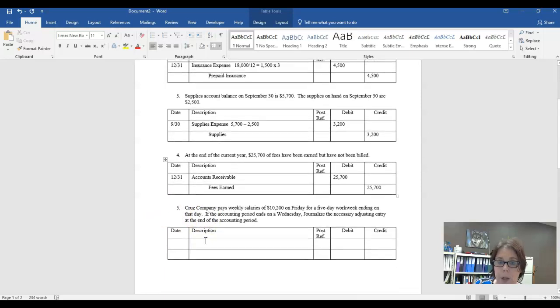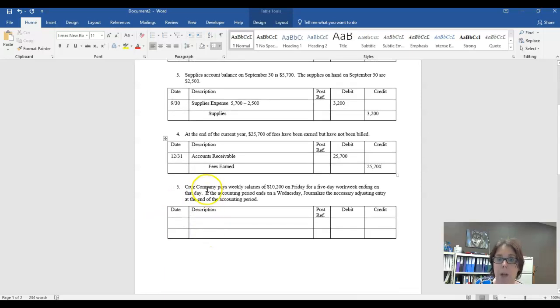Okay, so the next one that I have: a company pays weekly salaries of $10,200 on Friday for a 5-day work week ending on that day. If the accounting period ends on a Wednesday, journalize the necessary adjusting entries at the end of the accounting period. Okay, so we'll say that this was 12/31.